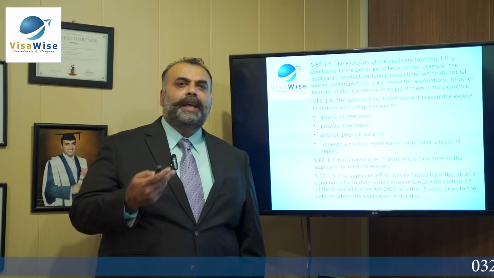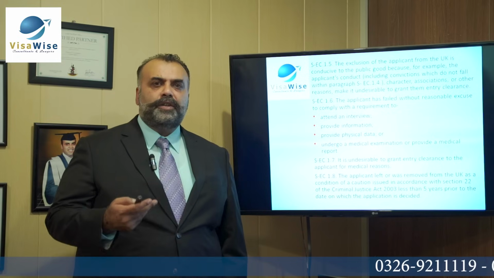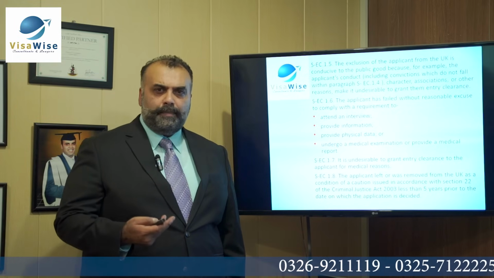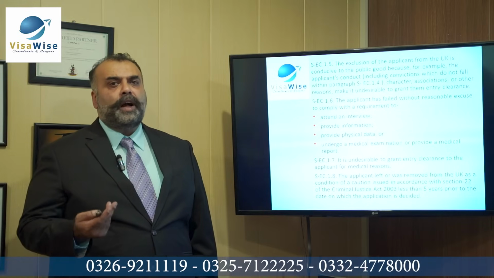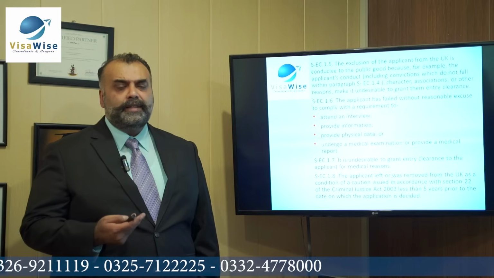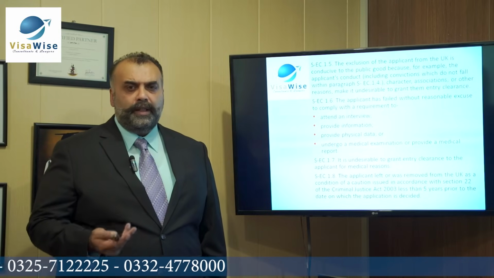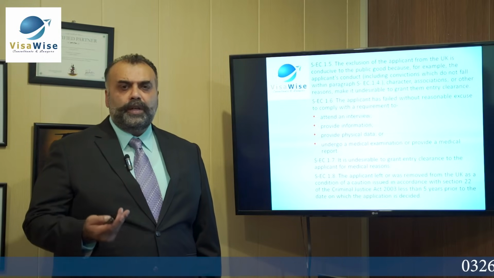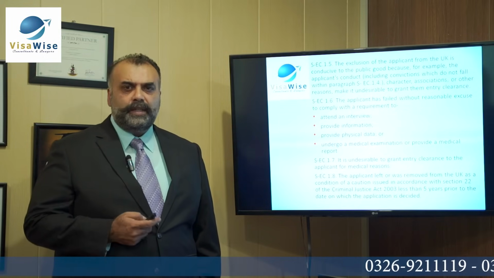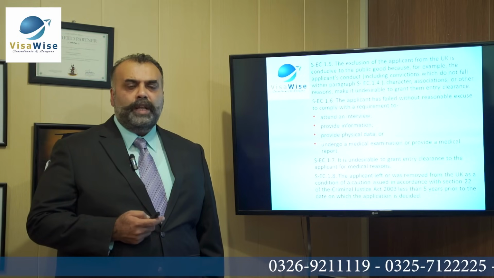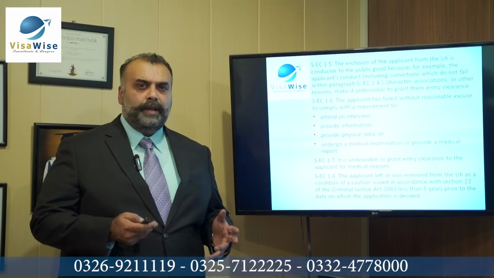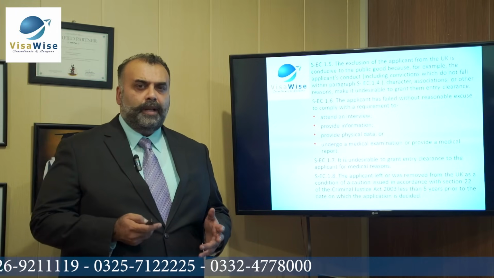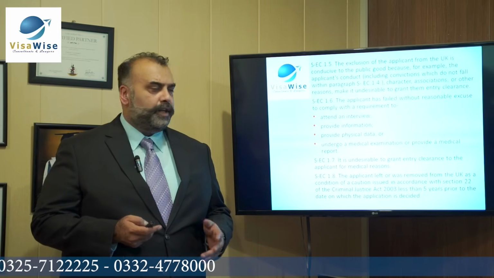So it again has to do with the character of the person who is submitting the application. It could also deal with police character certificates outside the UK, or in the UK the Disclosure and Barring Service, where you need to have your DBS taken. That also establishes whether there is a previous conviction on the part of the applicant or not.